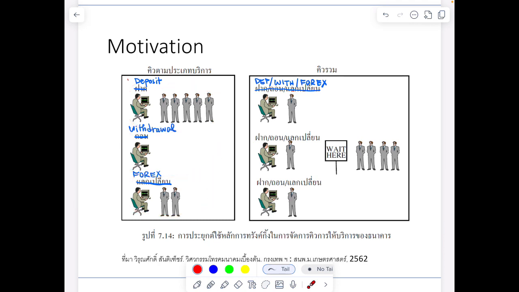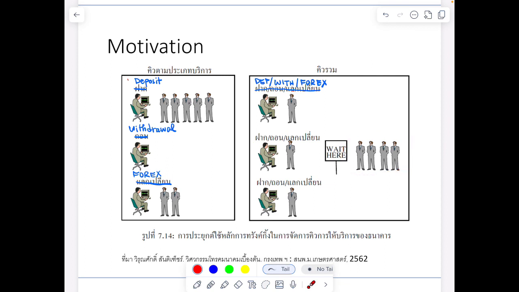Okay, let's look at the second queue management, which is more effective. Instead of each staff handling only one kind of transaction, we make the staff able to handle all the transactions. It could be deposit, it could be withdrawal, it could be foreign exchange. And there's only one queue.